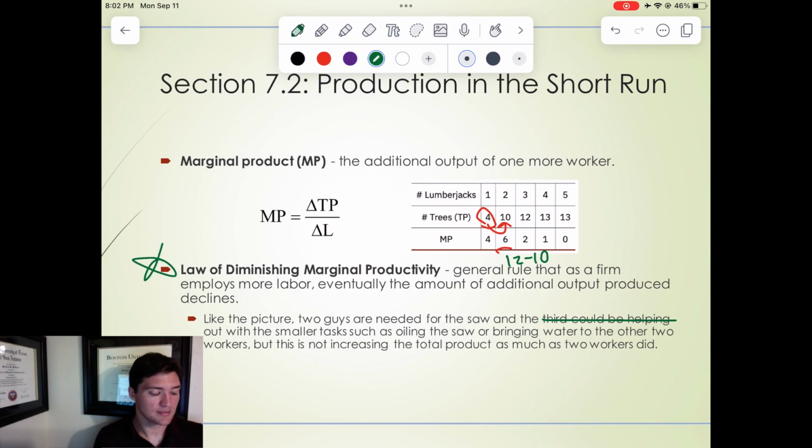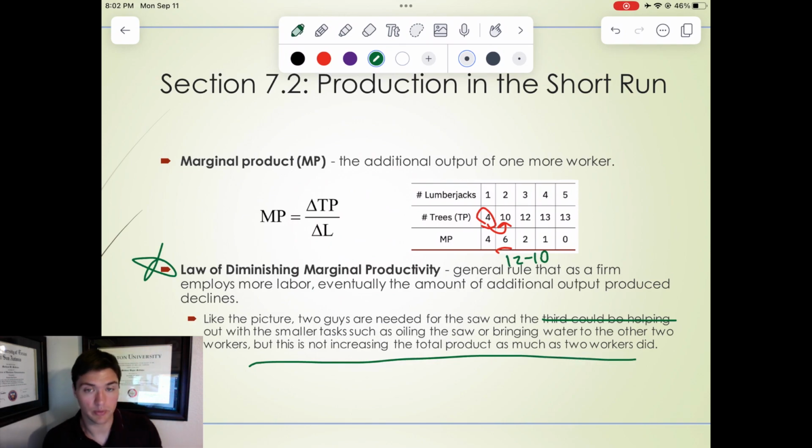But again, this is not increasing the total product as much as the 2 workers did. With 2 workers, we went 4, 6, so we were on the rise. But then we got to a point where that third person wasn't able to do much. So we had diminishing marginal productivity. We went 4, 6, 2. If this were 4, 6, 8, is that diminishing? No, because we're going up.